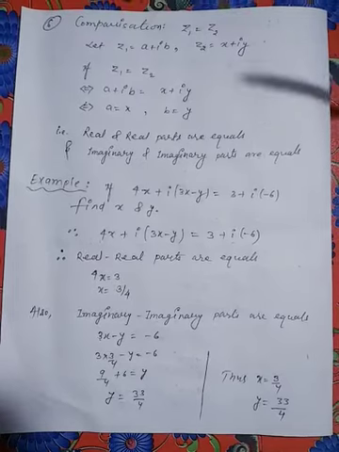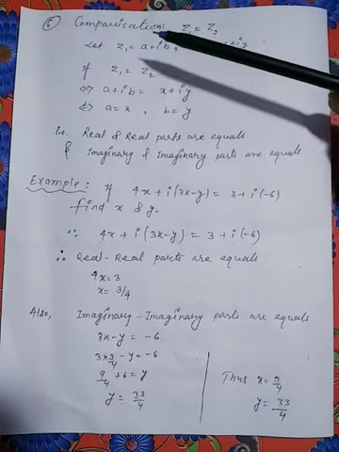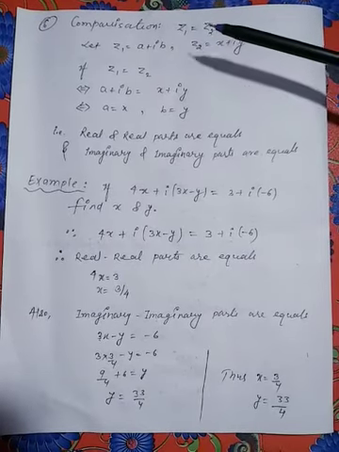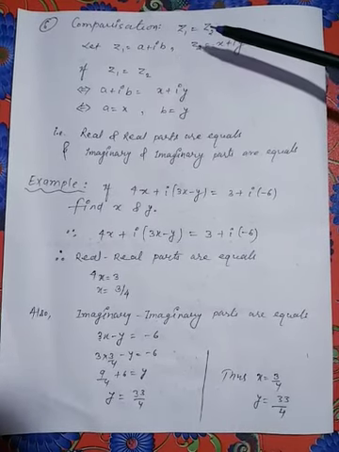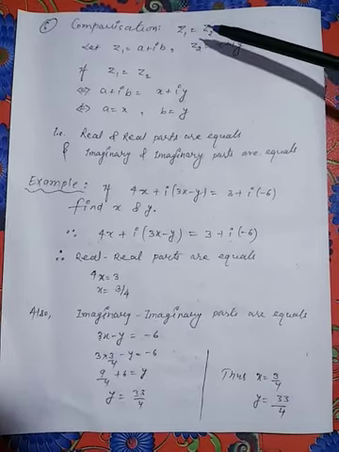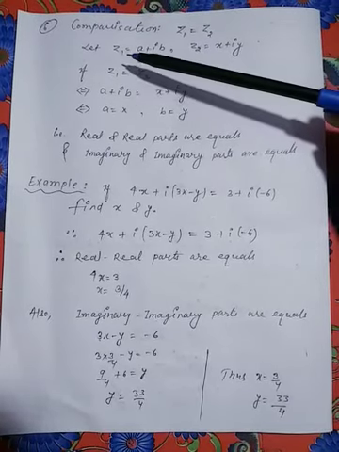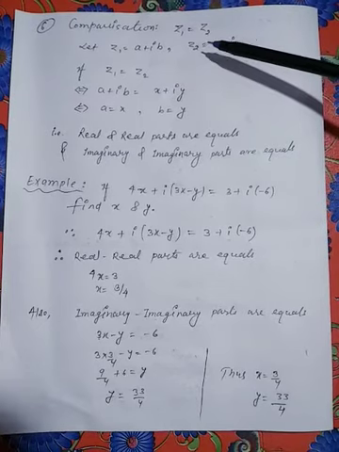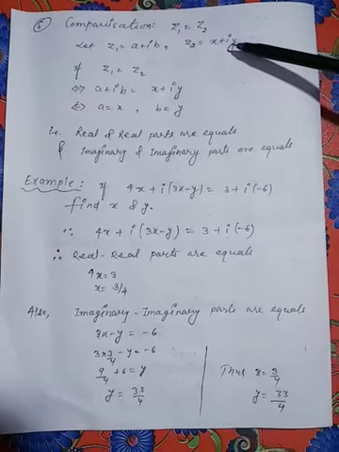Next operation is comparison. z1 equal to z2 if z1, z2 are two equal complex numbers. First, z1 equal to a plus ib, z2 equal to x plus iy.